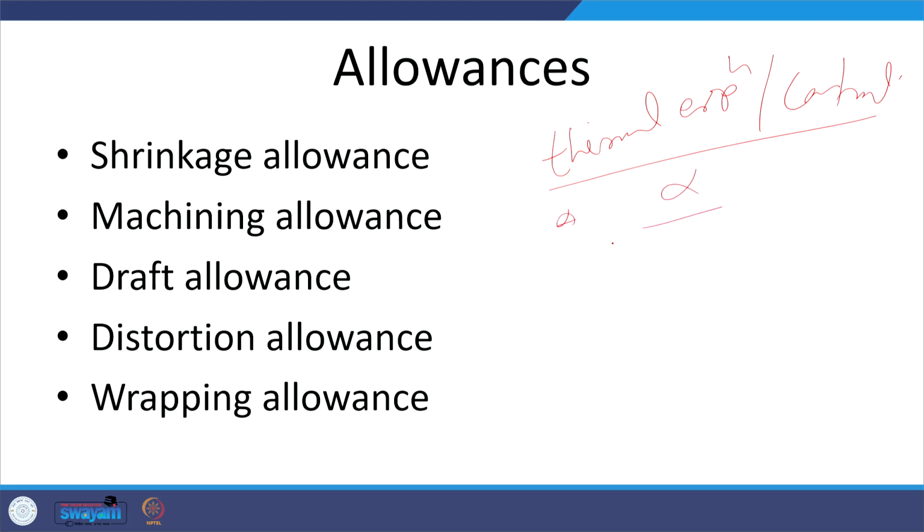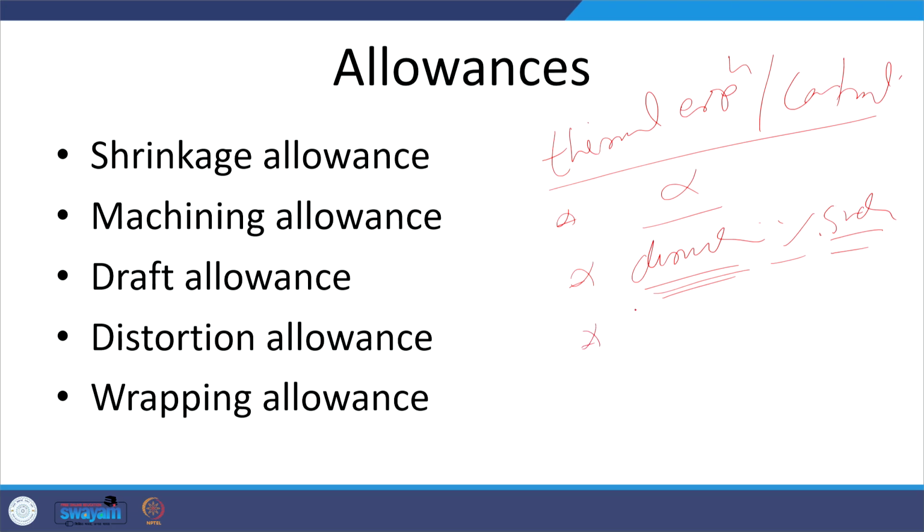The higher the value, the greater the shrinkage allowance that needs to be given. The second is the dimension. Since it is given as a percentage of the particular side, the dimension affects the final size of the pattern.